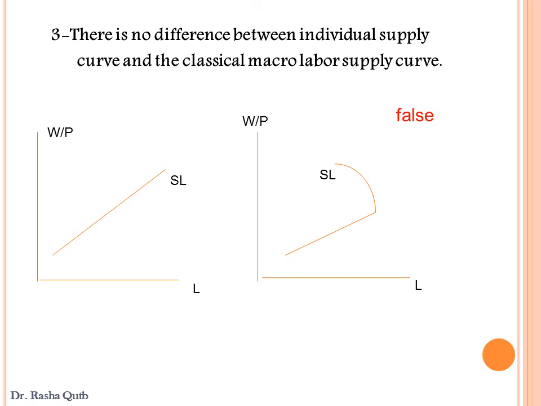He substitutes leisure for work. He prefers to work less and to get more leisure. So the classical labor supply curve is upward sloping, while the individual labor supply curve is backward bending.